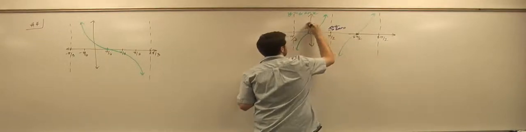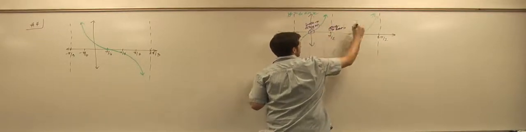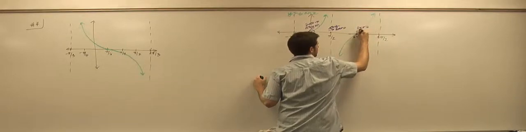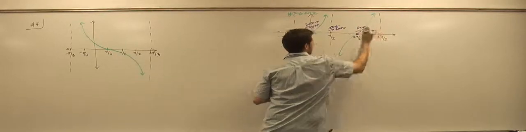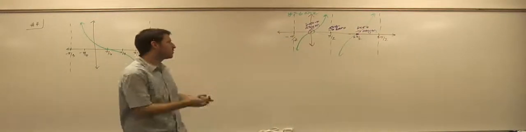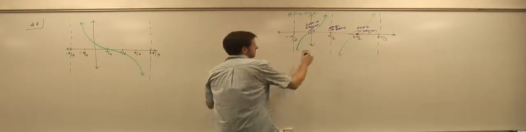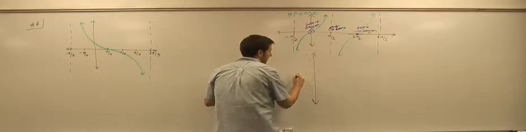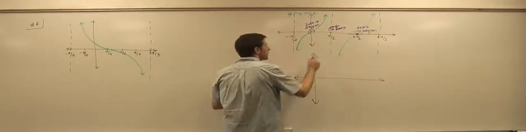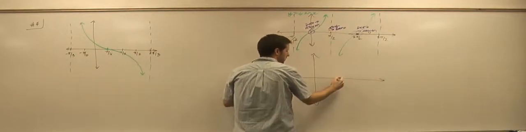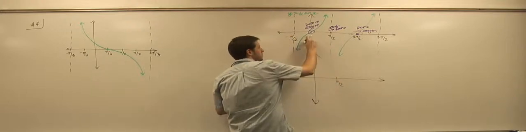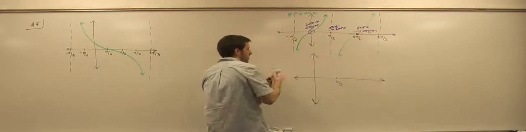So just a reminder of what the cotangent graph looks like. You don't have it memorized, which is fine. It has a 0 at pi over 2. It has asymptotes at 0 and pi.